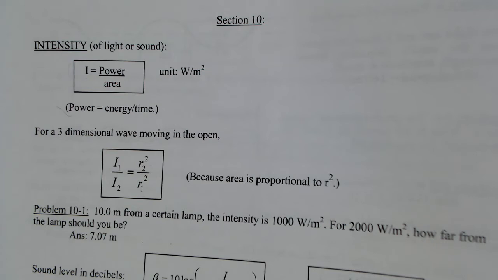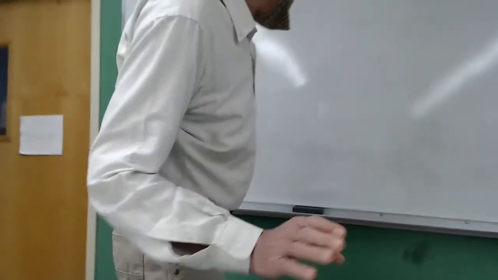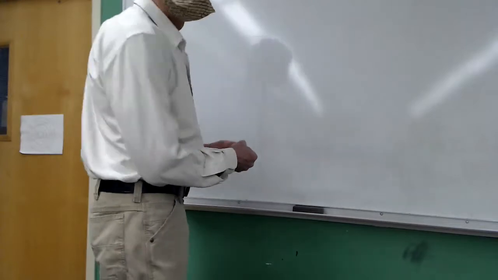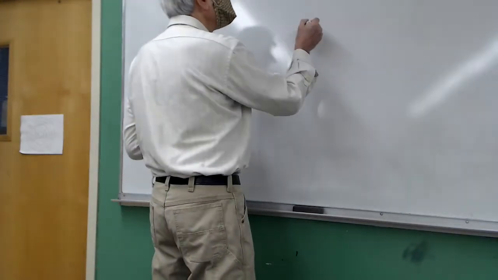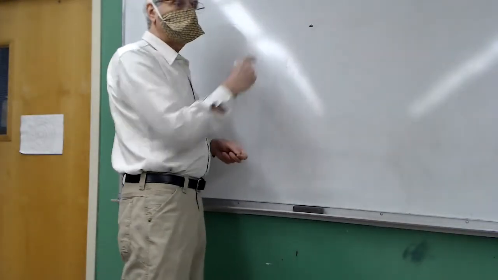We've seen Coulomb's law, the strength of an electric field drops off as 1 over r squared. The strength of a gravitational field drops off as 1 over r squared. The reason is, if you've got a source of pretty much anything.